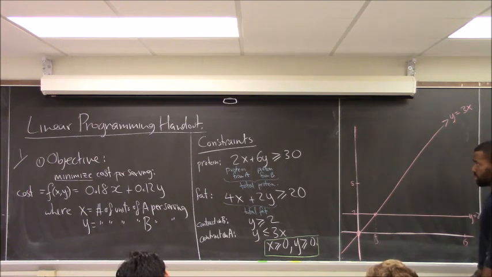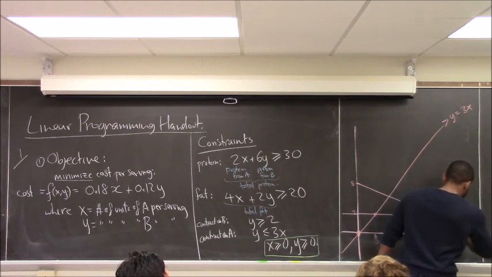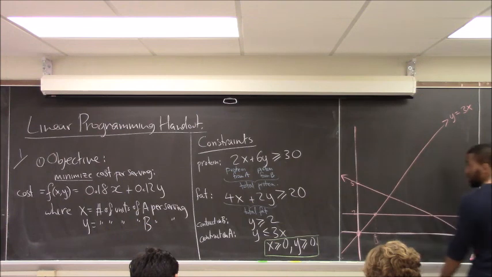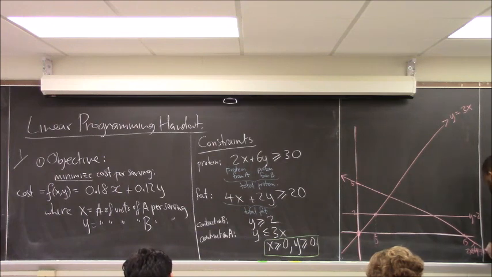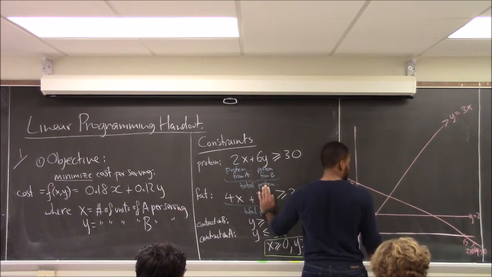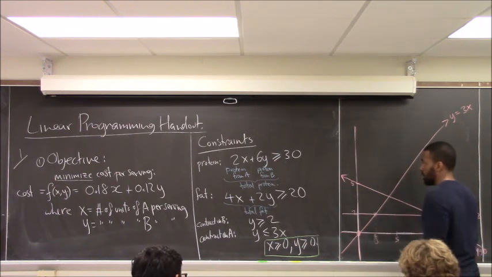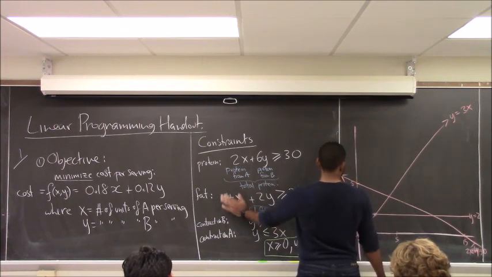I think that's going to be the largest x value present here. This is 2x plus 6y equals 30. And then I'm going to have the other line. Plug in y equals 0, our x will equal 5. Plug in x equals 0, our y will equal 10.